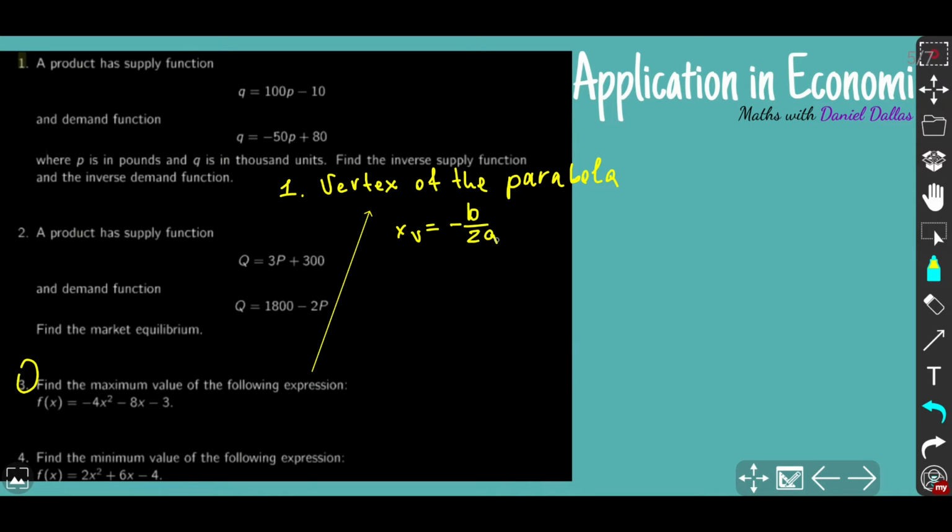Or if you have the skills to get the complete square form, so complete the square and rewrite this quadratic equation from the standard form into complete square form, you're welcome, but I don't recommend doing that. So I'm just gonna use this formula, okay? So -b over 2a, where ax squared plus bx plus c is our general equation of the function.